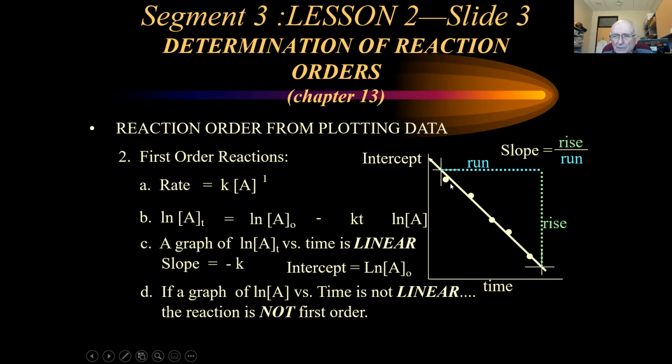If these points between those two endpoints don't fit on a straight line, don't try to force it to be a straight line. It's not a straight line. It's a straight line only if your data scatters randomly across that line. So once you've got the order, you're done with the experiment.